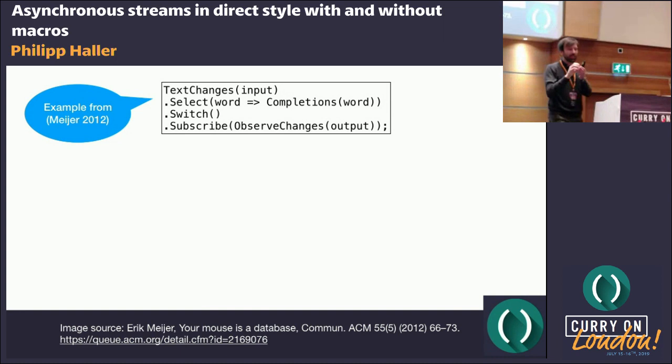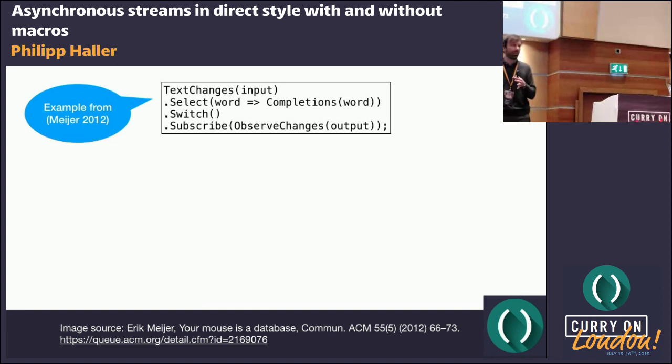Imagine you have a text input field of a search engine, right? If you type in one word, typically a search engine would come up with suggestions for additional words you want to include in your query. So that's the scenario. For each published word, our new publisher created by select will publish all the completions, and in this case the completions are a publisher themselves.